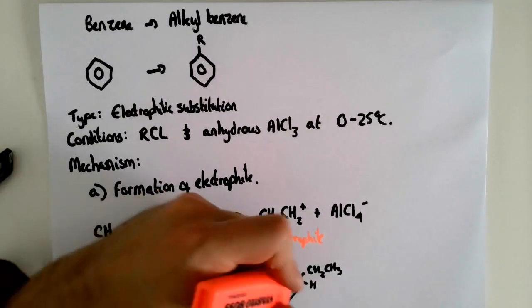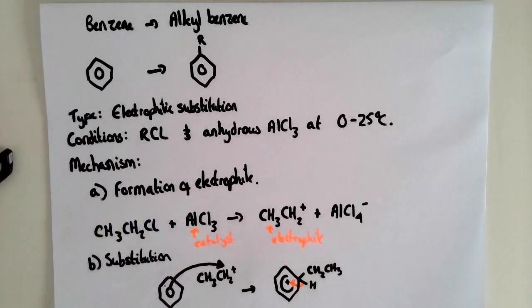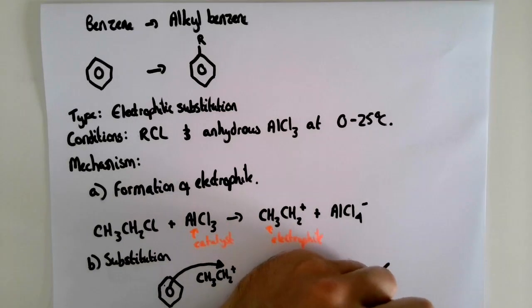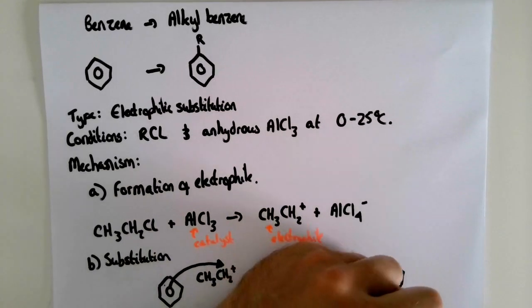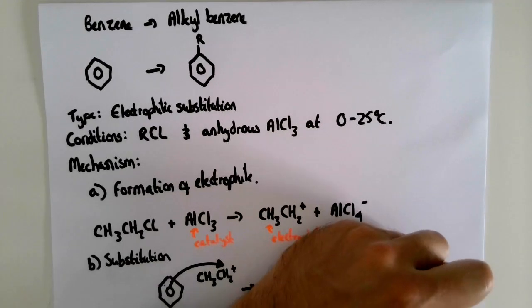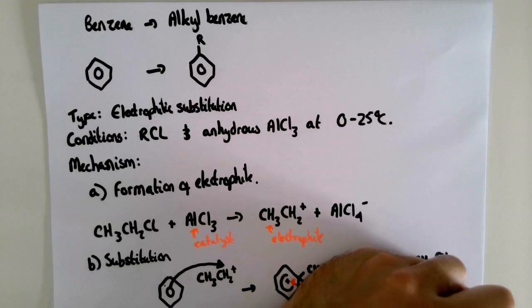Should have drawn that in pink, but you'll forgive me. This goes in and attacks there. So to stabilize our intermediate, we then end up with this. So now we've got ethyl benzene formed and H+.